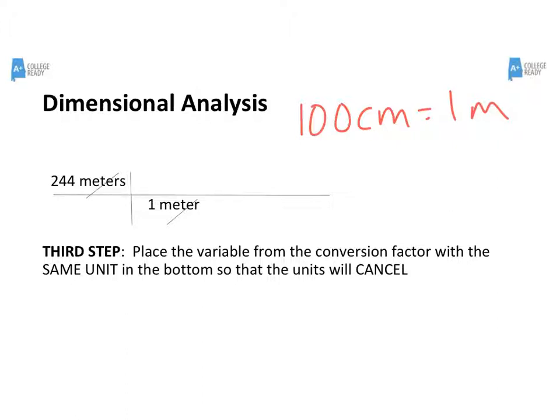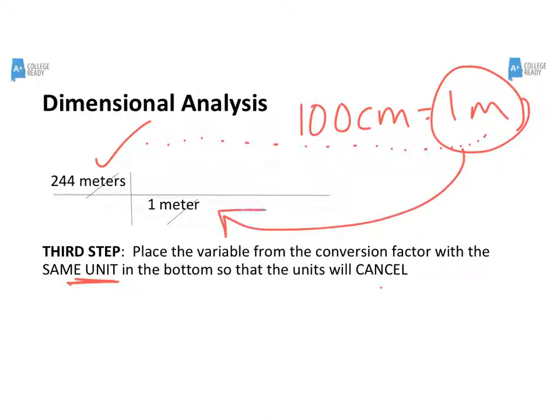Place the variable from the conversion factor with the same unit in the bottom so that the units will cancel. Here I have meters. I'm going to go to my conversion factor and find the variable that has meters beside it. Here it is. I'm going to bring it to the bottom so that the meters are going to cancel out when you divide one into the other.